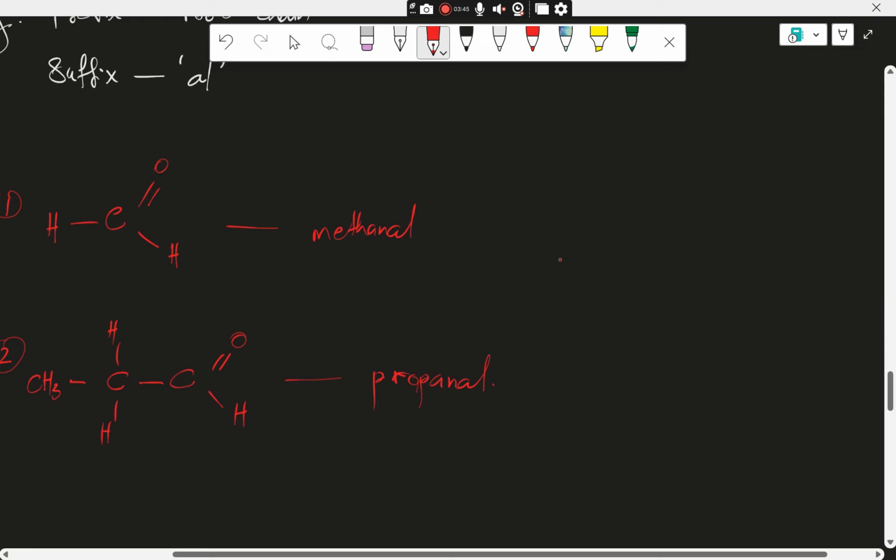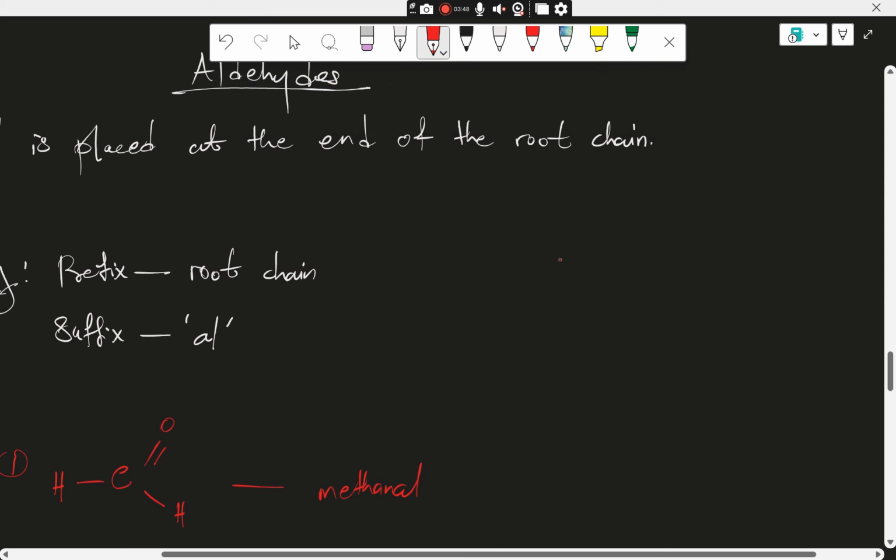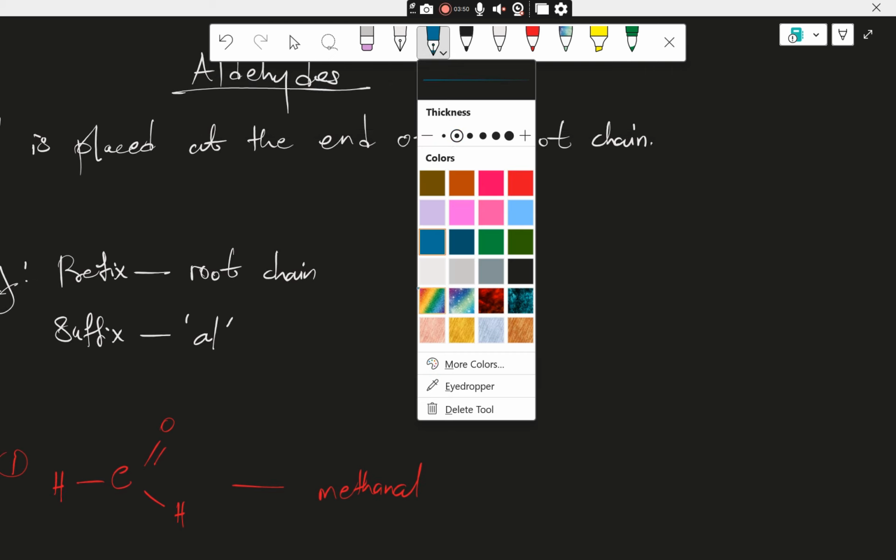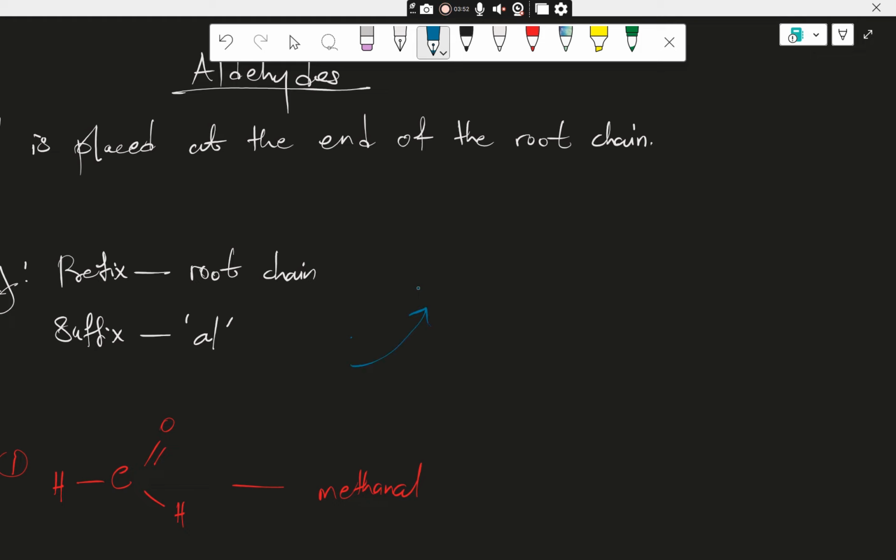So for aldehydes, we can write the functional group like this. This is the functional group for aldehydes, and this R here refers to an alkyl group or just an H atom.